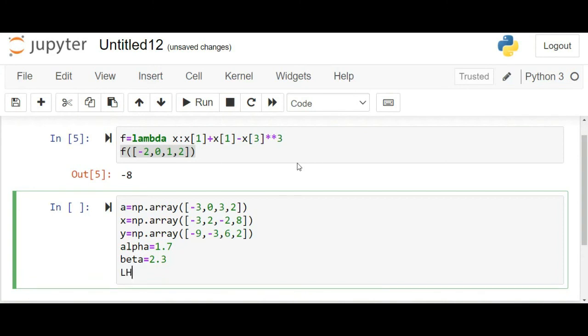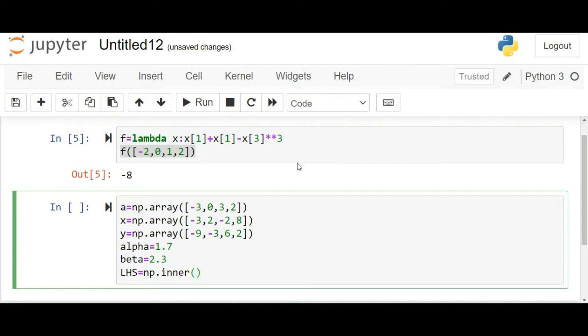After this we will write the left hand side, LHS, which is equal to np dot, sorry, we are talking about inner product, np dot inner.